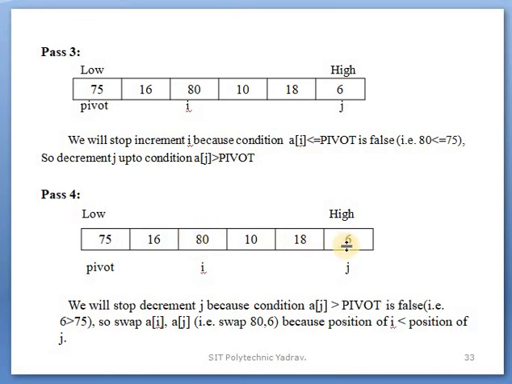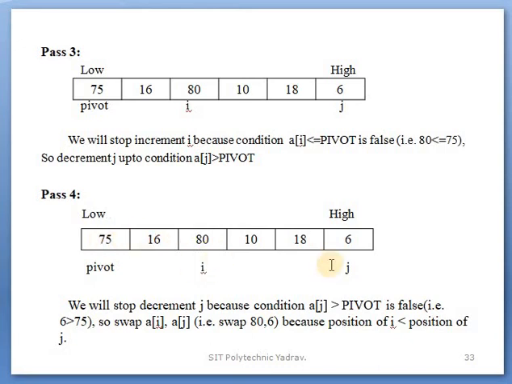So in that case swap i and j. And when j crosses i, for example j is in that place, at 16, meaning 0, 1 and it is 2, so 2 is greater than 1. At that time swap pivot and j, clear that?